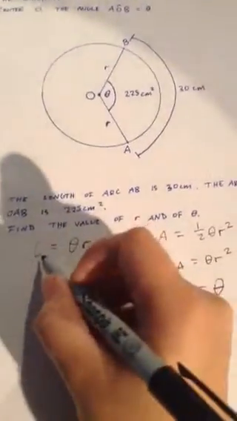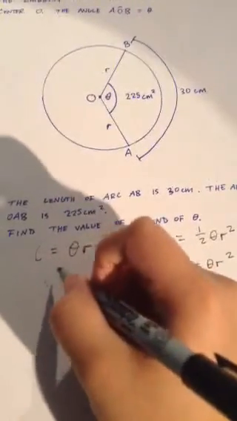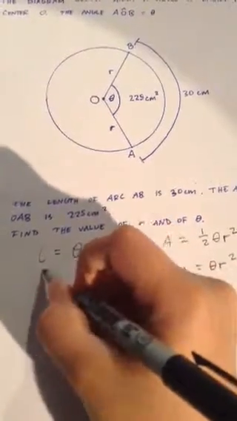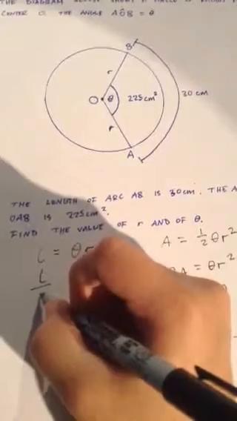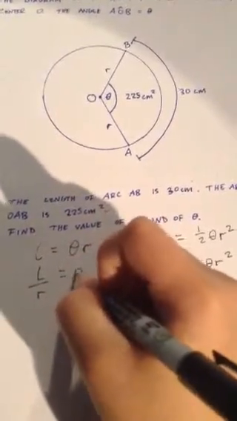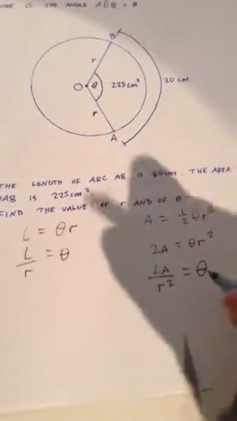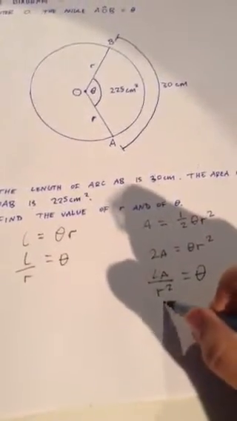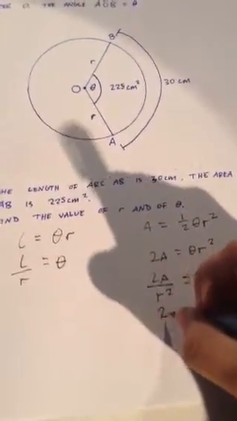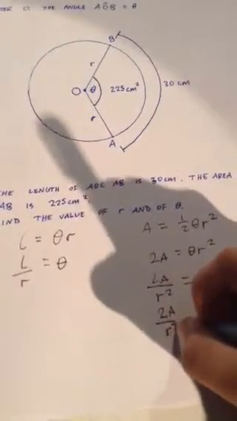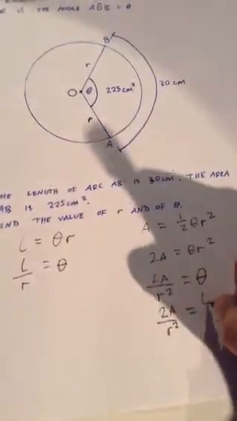And when you have this equation, you can single out theta as well by dividing arc length by radius, and that would be your theta. So these two essentially equal each other. So you would put these equations as such: 2A over r squared equals arc length over radius.